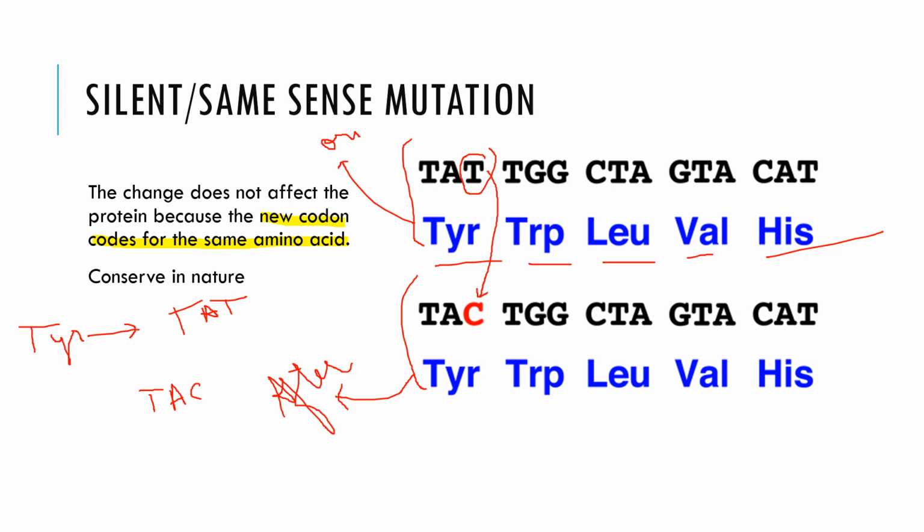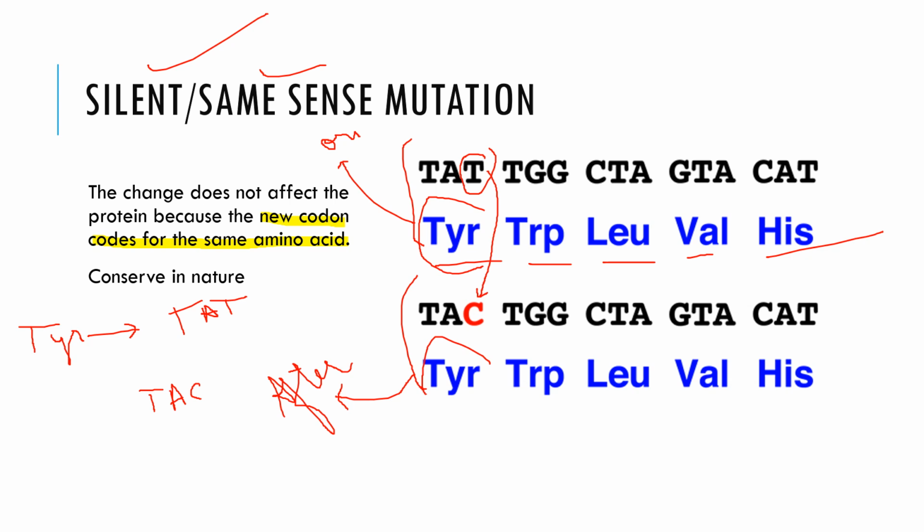So if tyrosine was present before and tyrosine is present after mutation, there is no change in the amino acid sequence of the protein, so you can say it's a same sense or silent mutation. The first tyrosine was present, after that tyrosine was present, and there is no change.